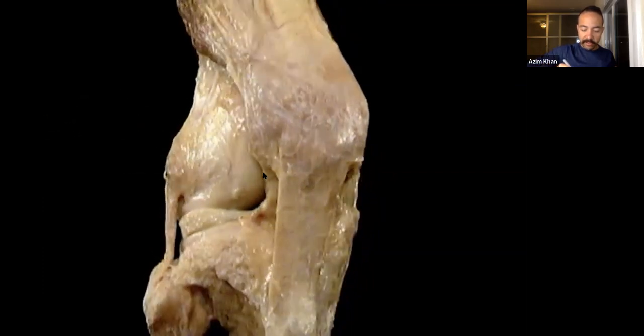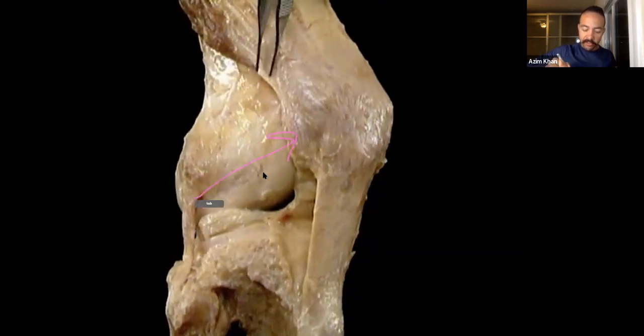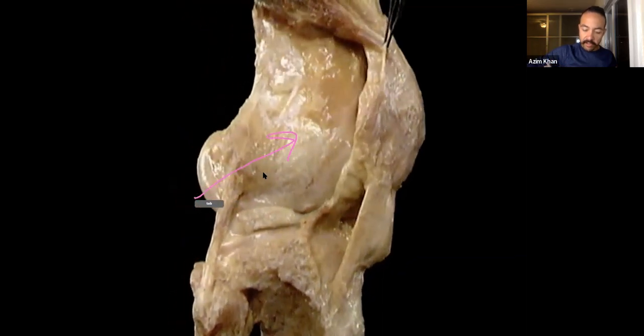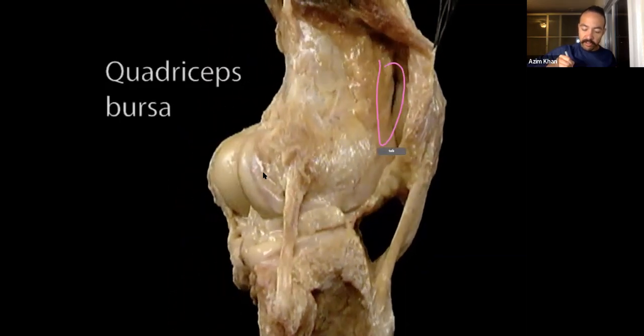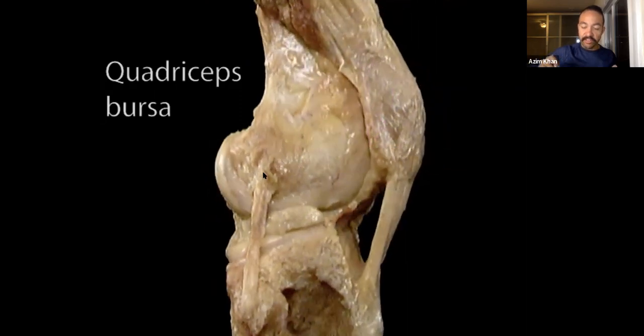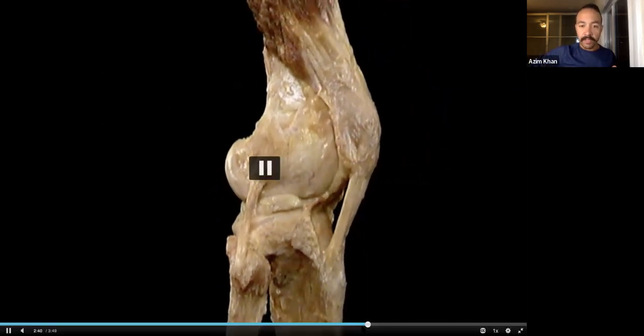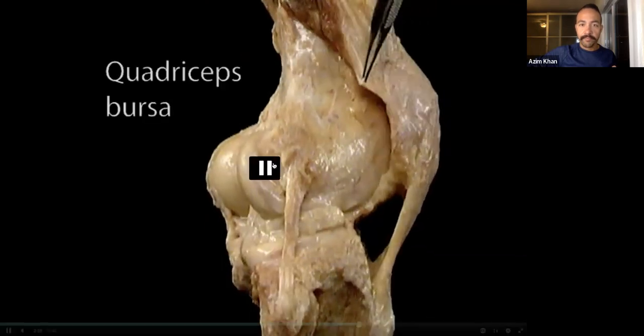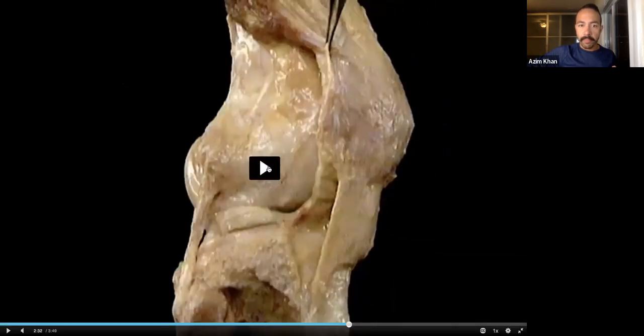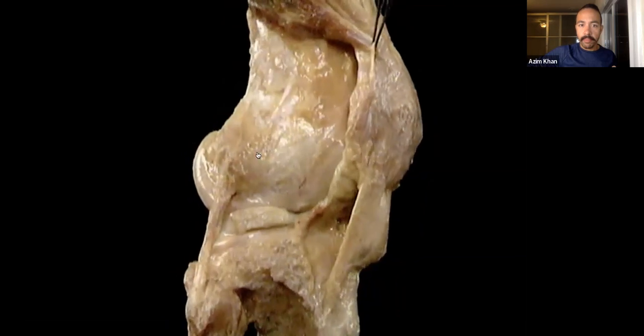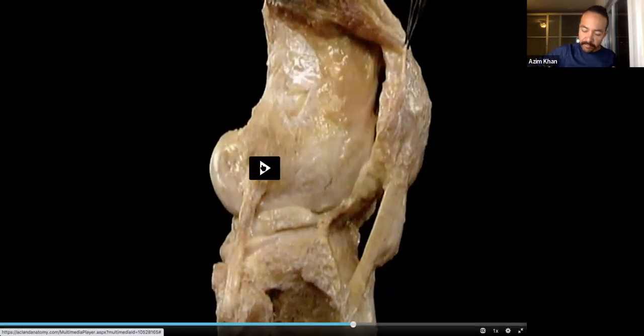So where they're pulling right now, under here, is where you can find the bursa. That's one example of a bursa. Let's back up a little bit. In this space, lined with synovial membrane and synovial fluid, you have a bursa between the patella and the femur to reduce friction.